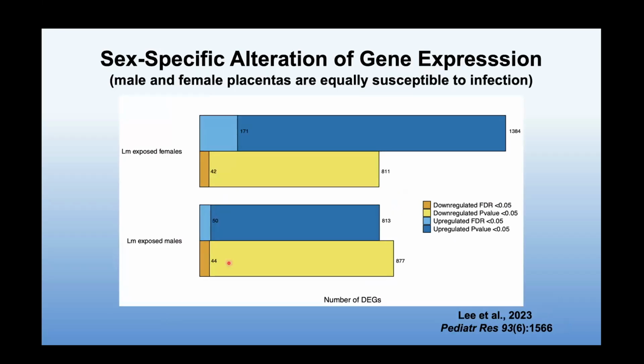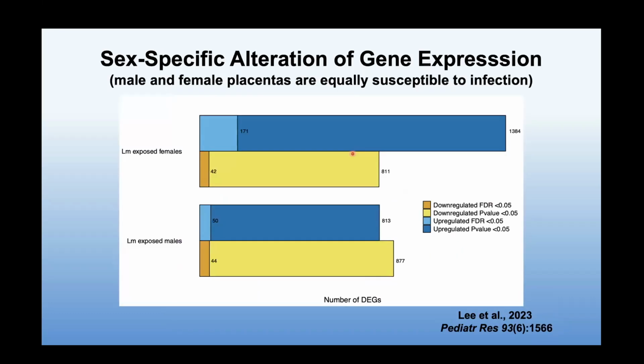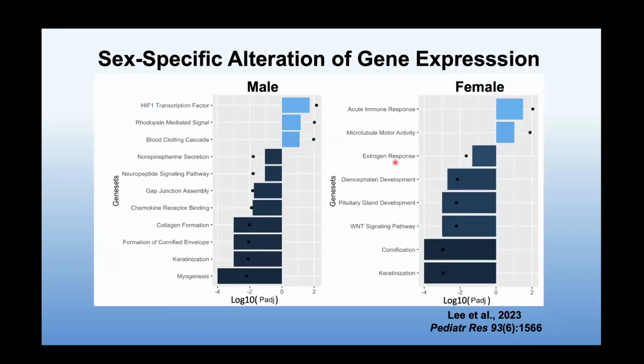Also, you can look at the gene expression patterns of these brains from an infected placenta and one brain associated with an uninfected, and you see sex-specific alteration of gene expression levels. And this was what Justin found. I'm not going to go over this too much. But the sexes of the fetal brains do show differences.